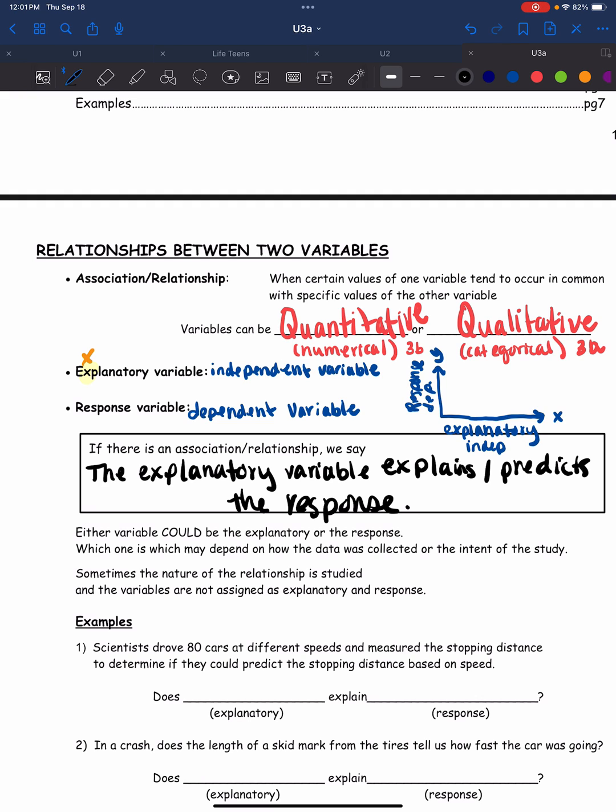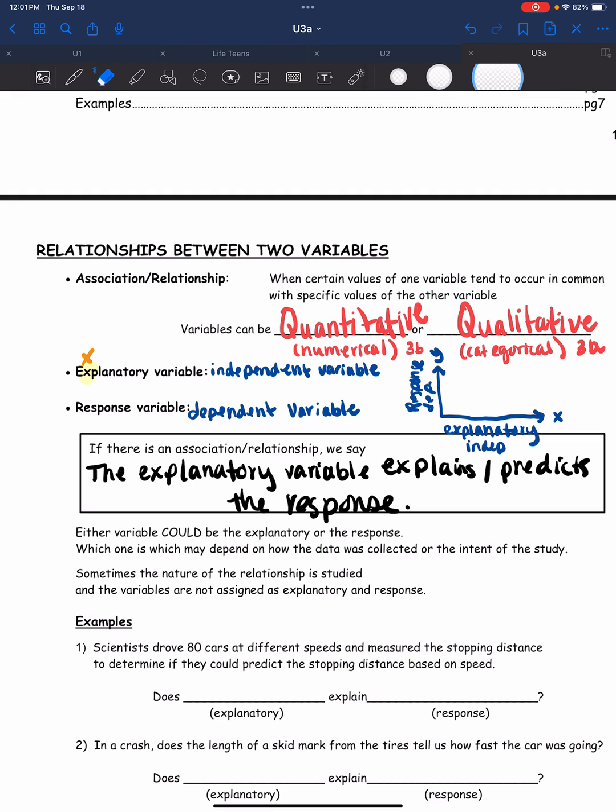So if there's an association, we say that the explanatory explains or predicts the response. So again, if we're looking at the variable of weather, we could say, hey, does the weather explain or predict where people go to eat?